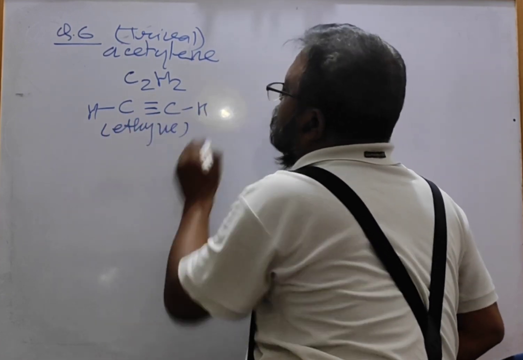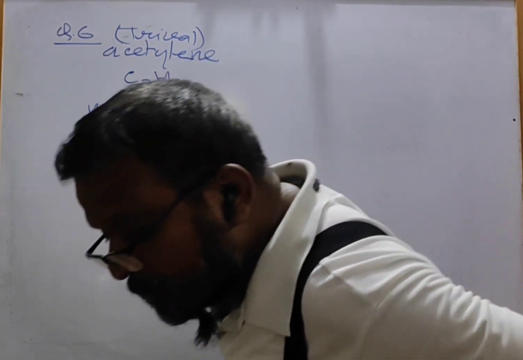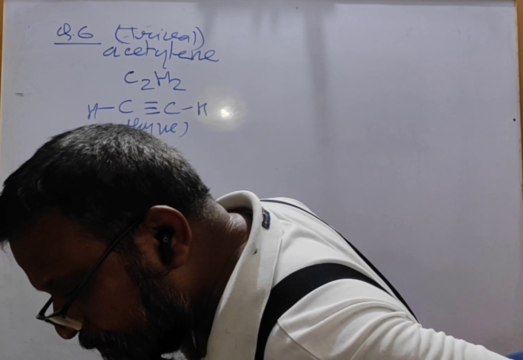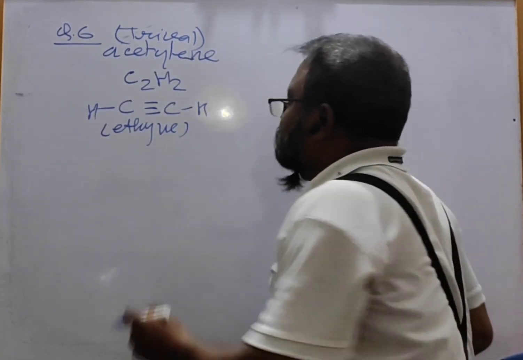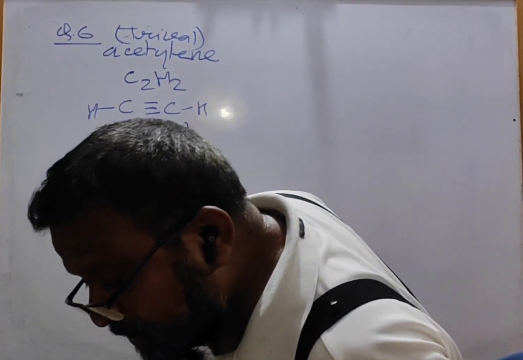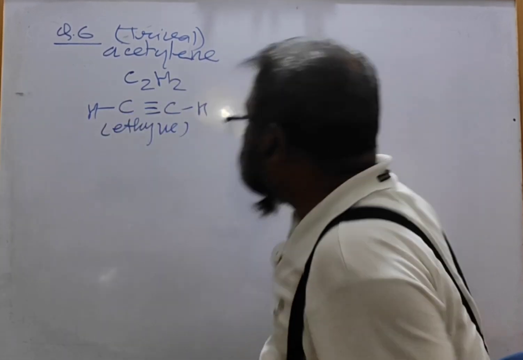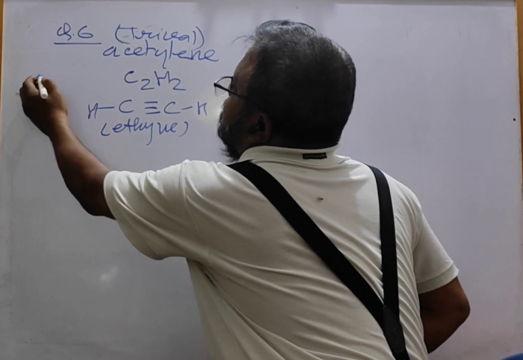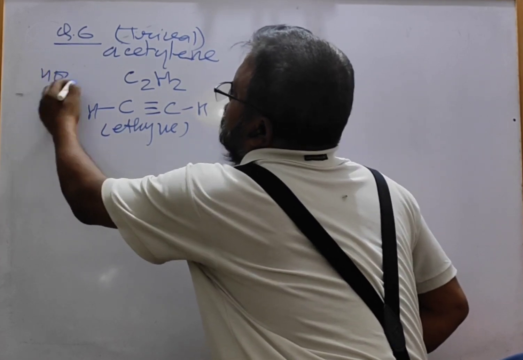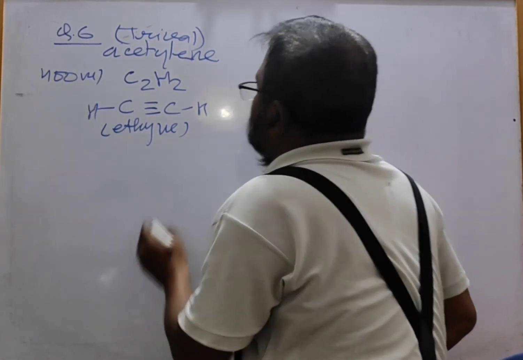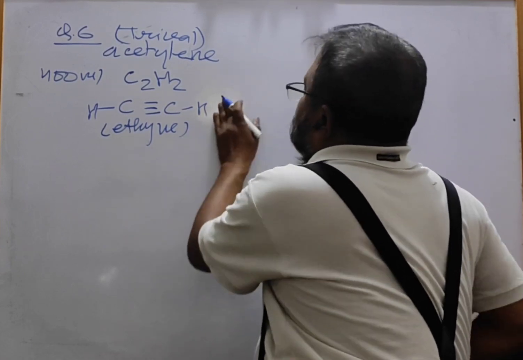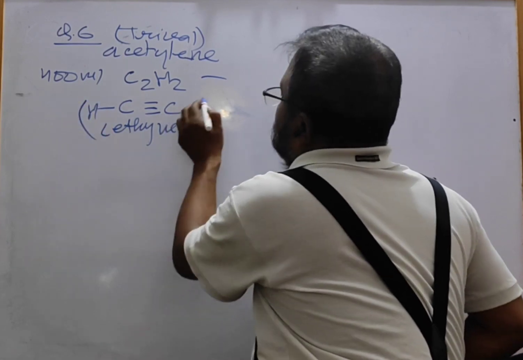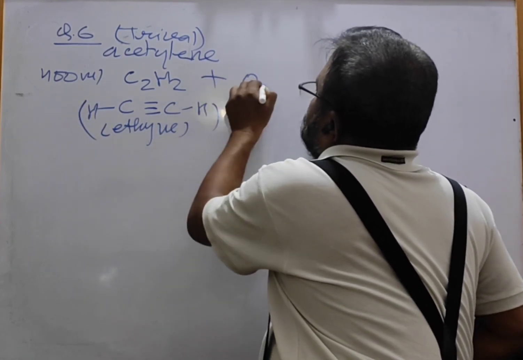So now this C2H2 undergoes oxidation. How much volume of acetylene is there? 400 ml of acetylene. It combines with oxygen.